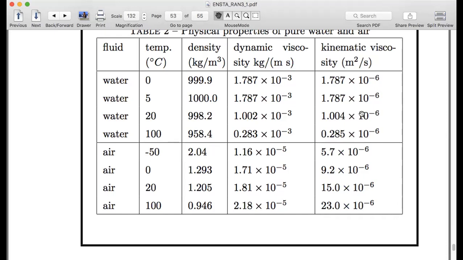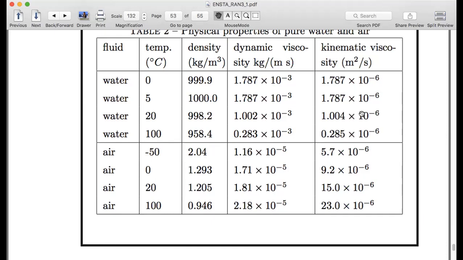Because the molecular origins of these forces are mostly the electrostatic forces between the molecules, and even, as I was mentioning, temporary hydrogen bonds between the water molecules.